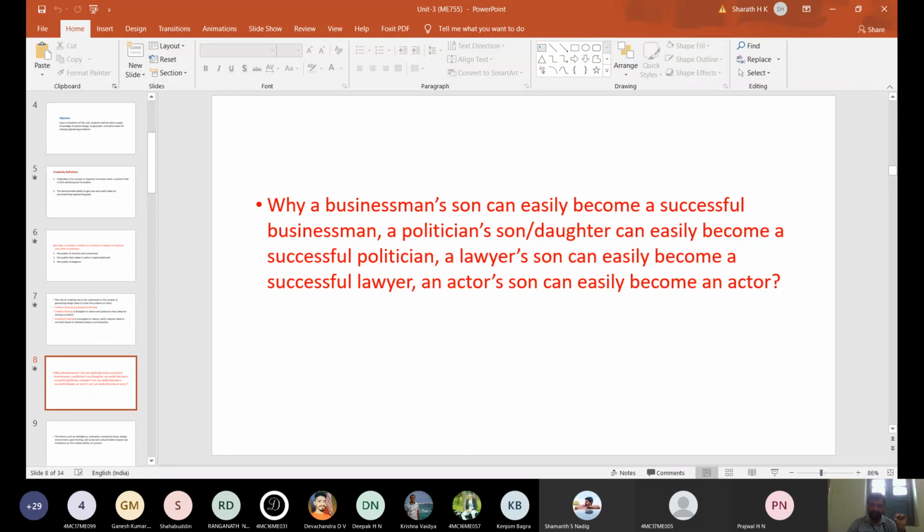Some may have creativity and talent, some may not, but it is easy for them if their father is a successful actor. The possibility that the son or daughter becomes a successful actor or actress is more. Why? Then what is the scope for creativity? What are the factors which decide creativity in a person?